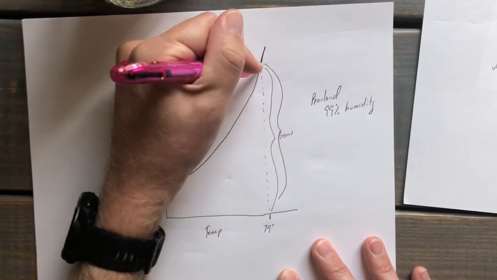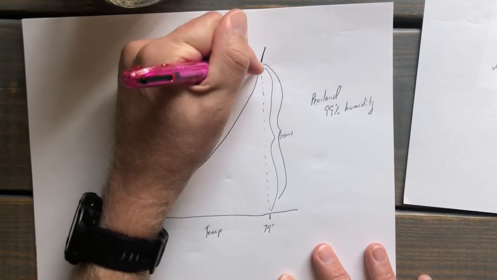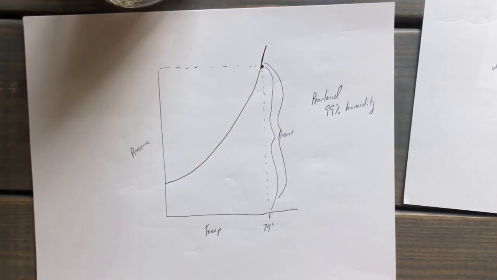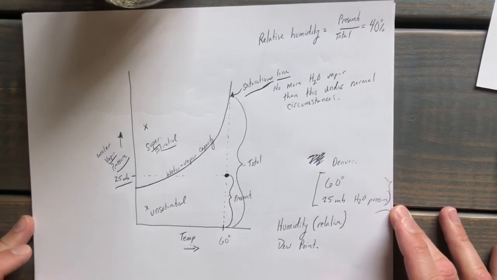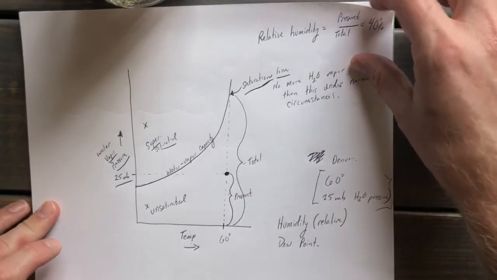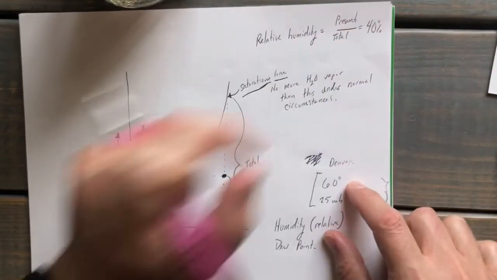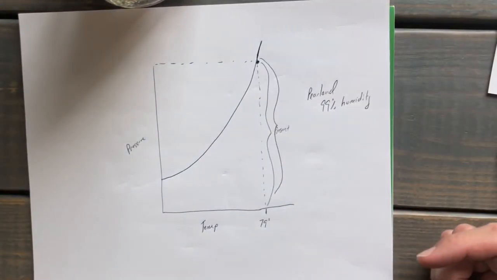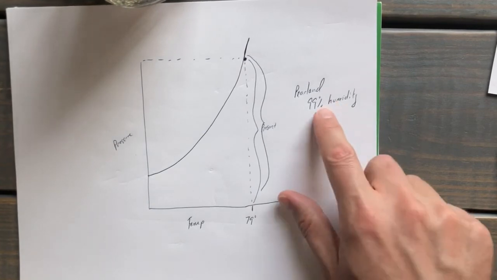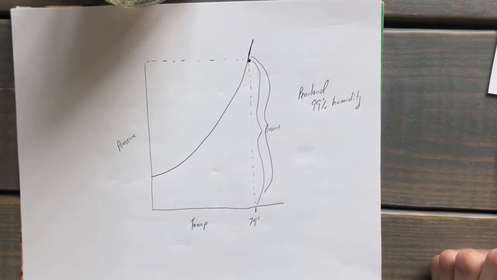Notice that the dot is almost all the way to the saturation curve. So we have two scenarios. We have Denver, whose humidity was 40% this morning, and we have Pearland, whose humidity was 99% this morning.